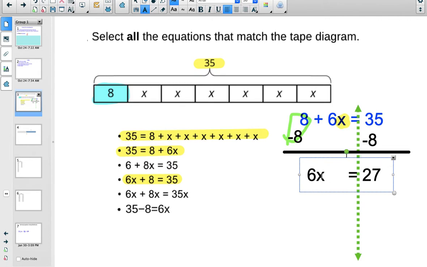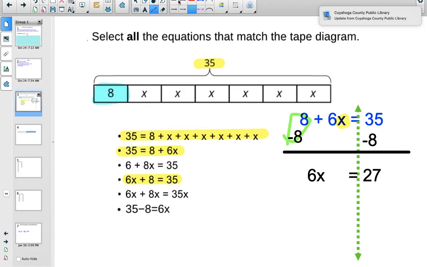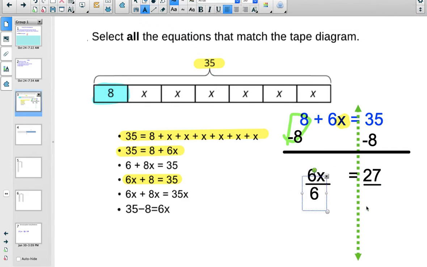All right, and then I have 6 times x. So the opposite of multiply by 6 is going to be divide by 6. So I'm going to show that with a fraction bar. So we're going to divide by 6 on both sides. I get x equals, and the answer is going to be 27 over 6.